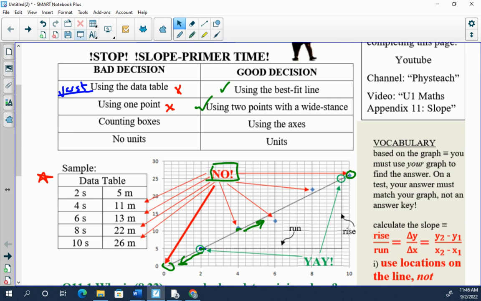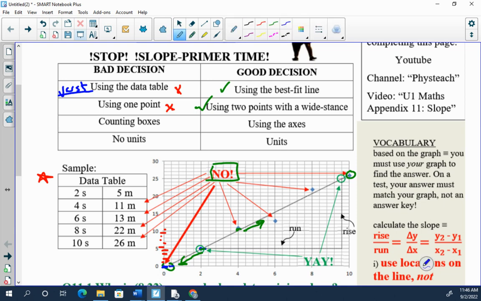Another mistake you can make is counting boxes. Please don't count boxes. You see our vertical axis, actually the boxes match the count. 1, 2, 3, 4, 5, 6, 7, 8, 9, 10. On the vertical axis, the count matches the boxes. Sometimes it does. The horizontal axis, not so fast. Look at this here. You can't do that nonsense.